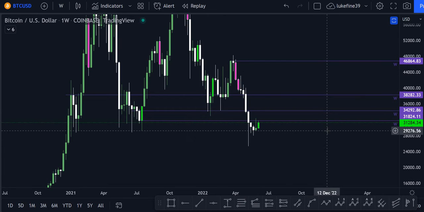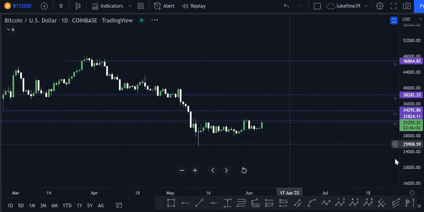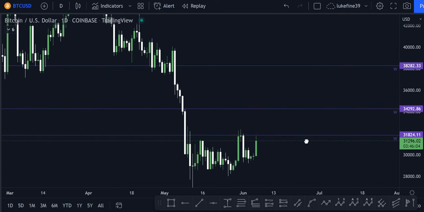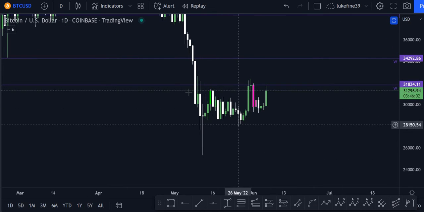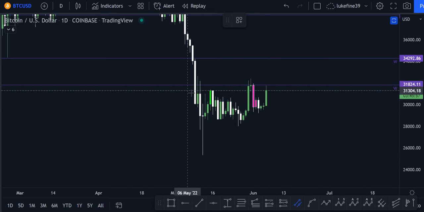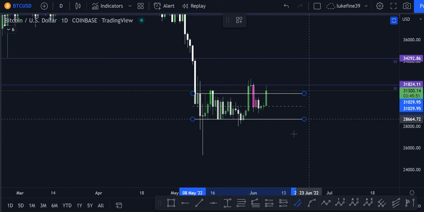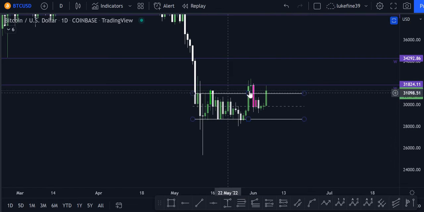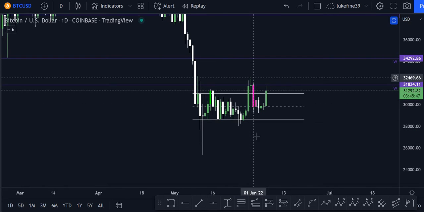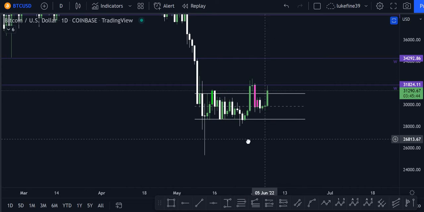Let's go down to the daily. Now we have a pennant or a range formation. I will take this range high area and the lows. This was a deviation out, but you see what I like here.